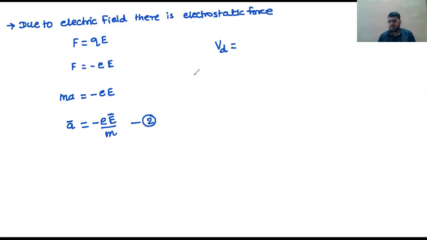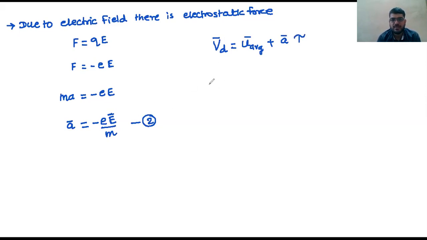Yes or no? So I can write VD bar is equal to u average bar plus a bar into tau.